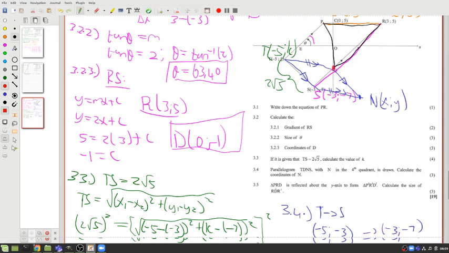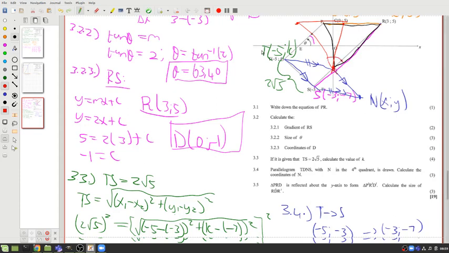This point would go here, and that point would go there. Right. Okay, so there we have our new triangle, and now we are asked to find the size of angle RDR prime. So that's this angle here.